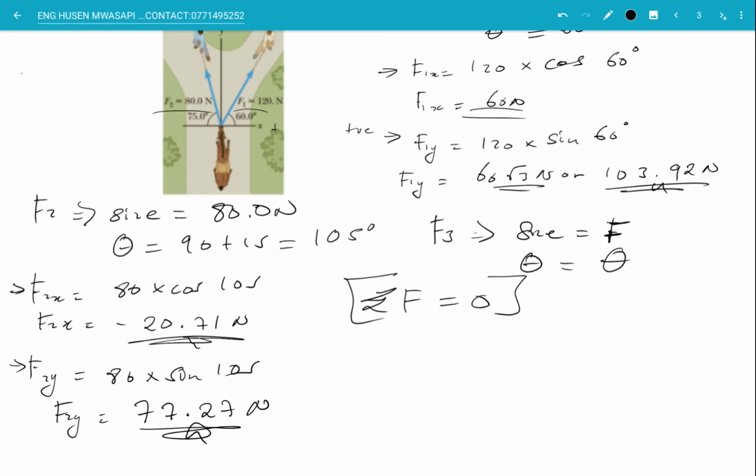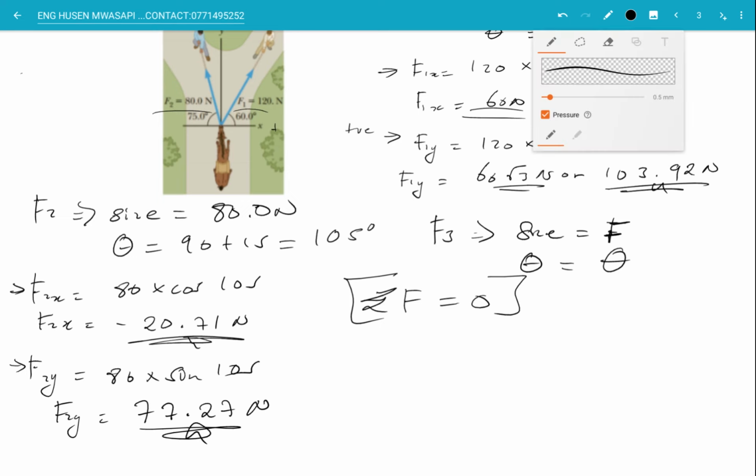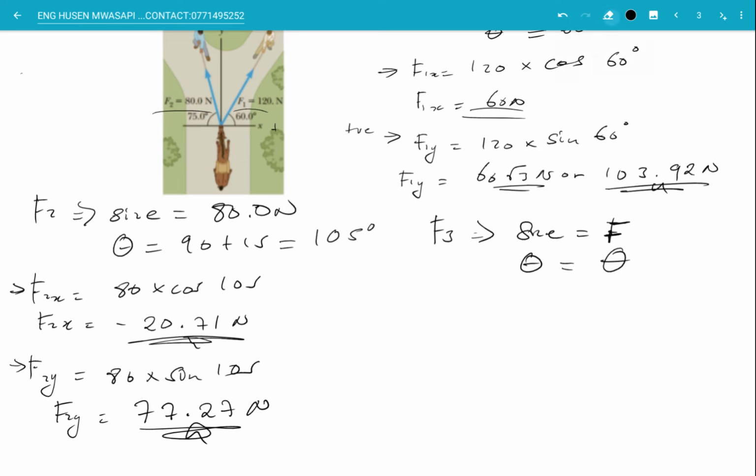Because they're saying that the third force is a force that we need, such that if we sum up all the forces, that net force will be equal to 0. So we don't know the third force, so we can just say the size of it is F and the direction is theta. If we sum up all the forces in the x and equate to 0, and sum up all the forces in the y and equate to 0, systematically we'll end up finding the value of F. Now before we apply this, remember this force should have x and y components.